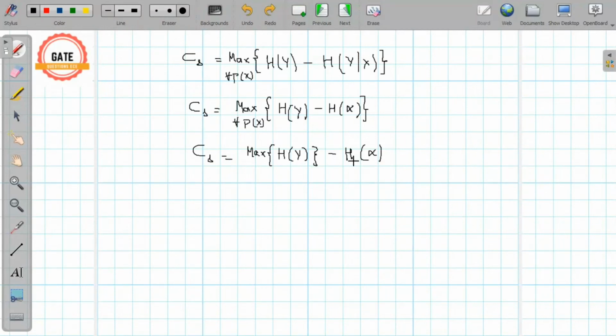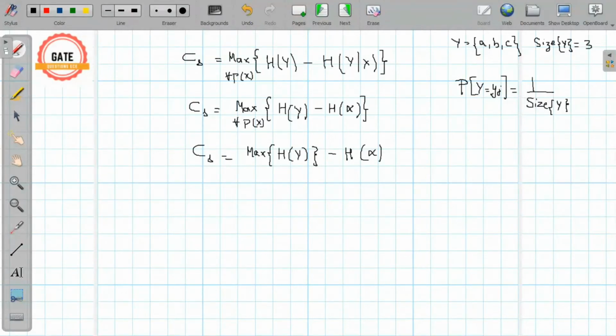If Y is uniformly distributed, then the probability that Y is equal to yj is equal to 1 by the size of Y, the number of possible values of random variable Y. In our case, the output random variable Y can have values A, B or C. So the size of random variable Y is 3, and the probability Y is equal to small y will be 1 by 3.